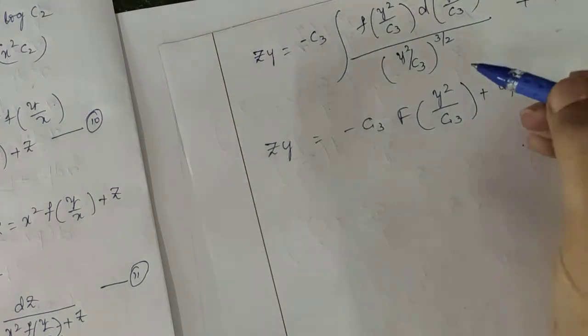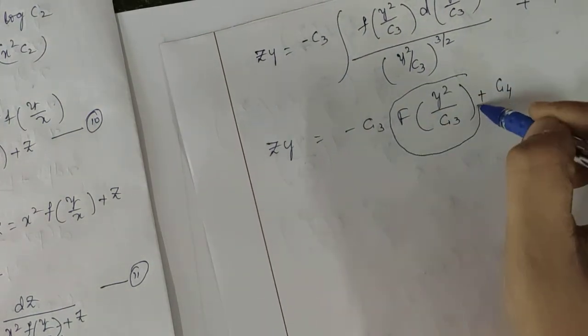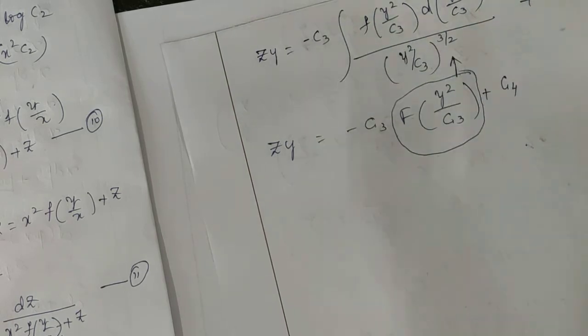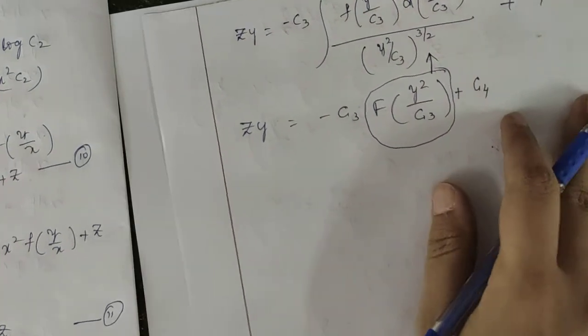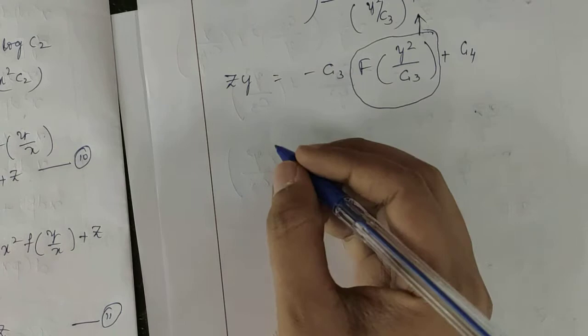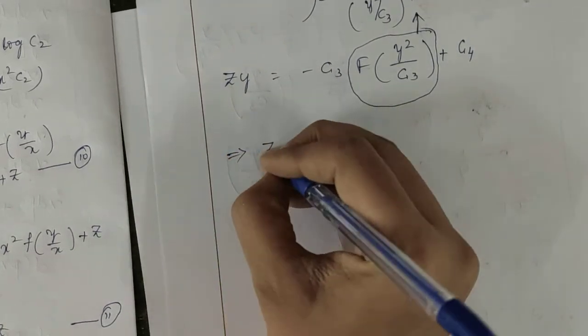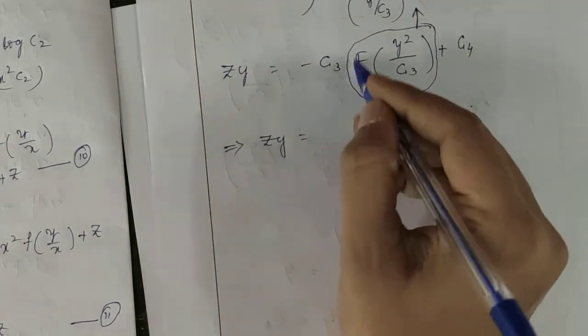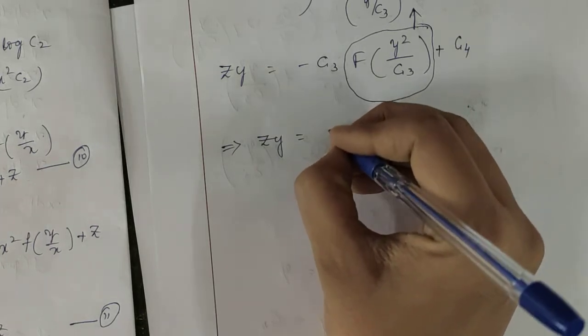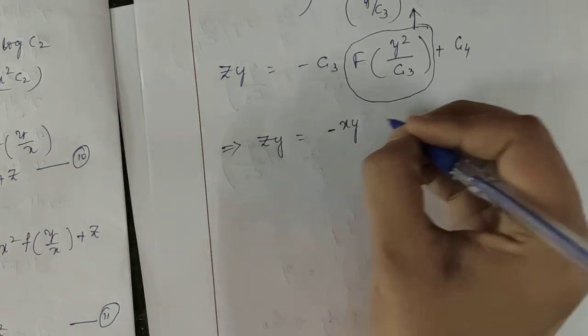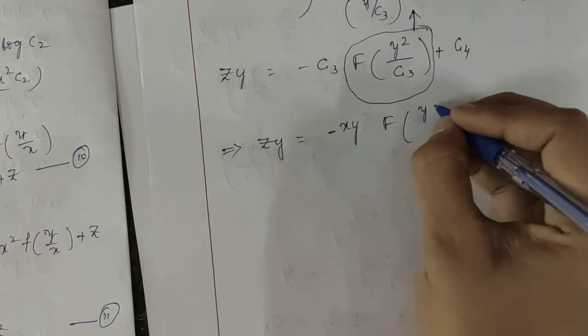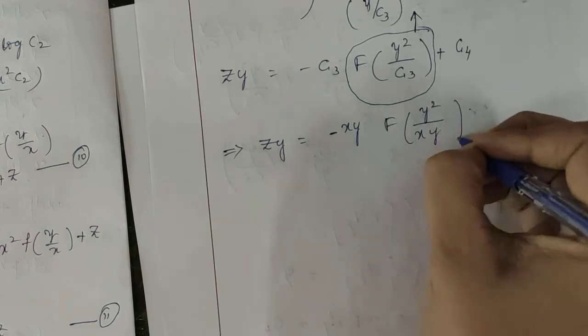So now you can write where f of y square by c3 is nothing but this whole term. So now the final expression can be rewritten as zy is equal to, what is c3? c3 is nothing but xy, so minus xy f of y square by xy.